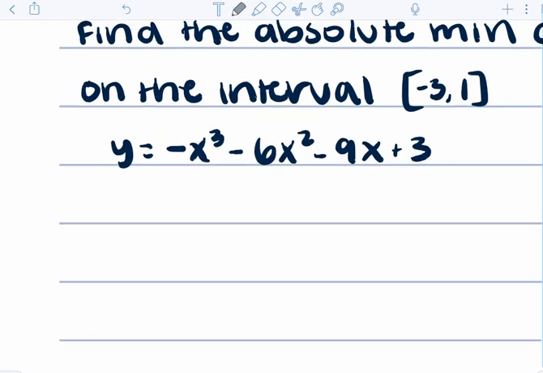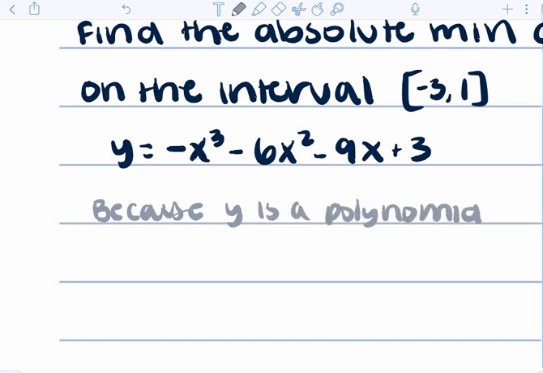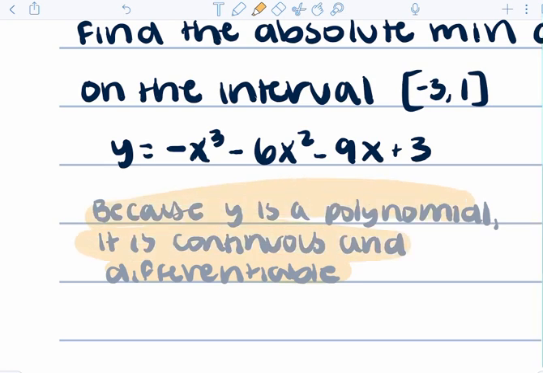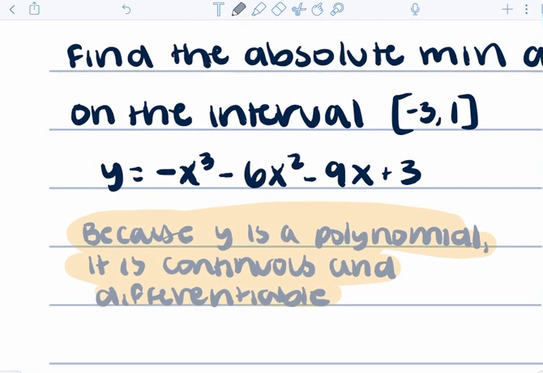And so we can say that because y is a polynomial, it is continuous and differentiable.